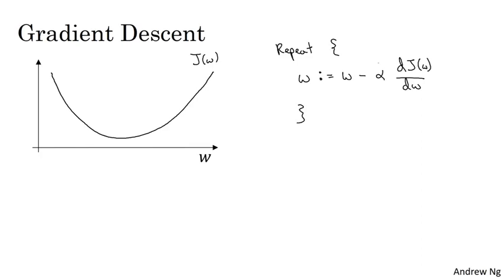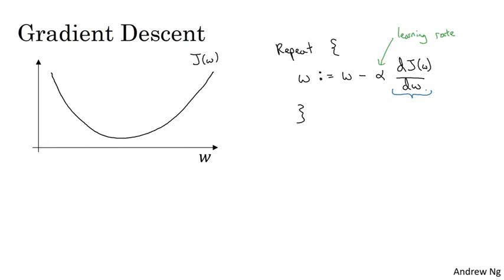So a couple points on the notation. Alpha here is the learning rate and controls how big a step we take on each iteration of gradient descent. We'll talk later about some ways for choosing the learning rate alpha. And second, this quantity here is a derivative. This is basically the update, or the change you want to make to the parameter w.